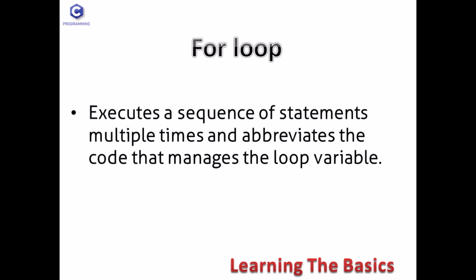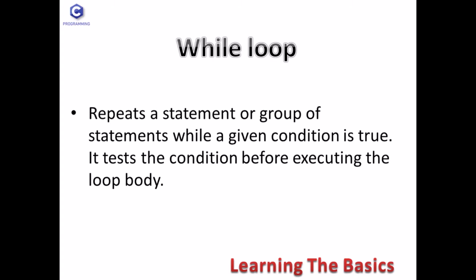Now, the for loop allows us to execute a sequence of statements multiple times and abbreviates the code that manages the loop variables. The while loop repeats a statement or group of statements while a given condition is true. It tests the condition before executing the loop body.